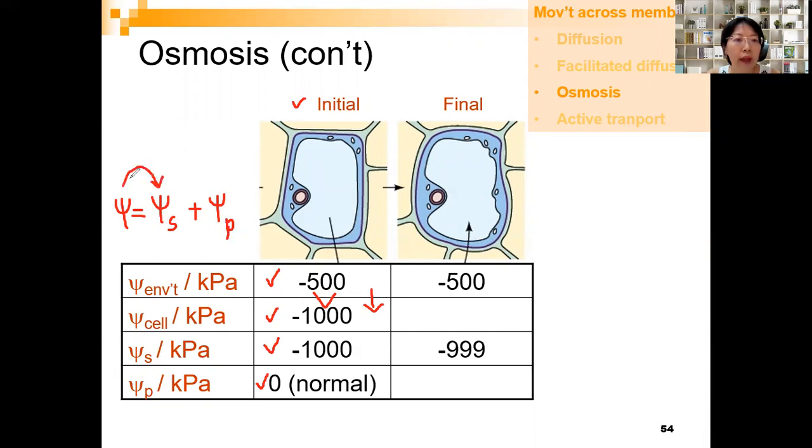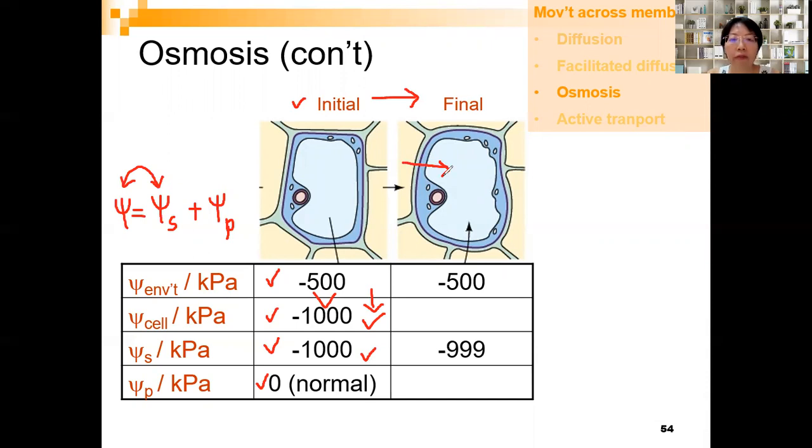So both these 2 values are the same. That's why psi s inside the cell is equal to psi of the cell. It's negative 1000 kilopascal. Then we allow the water to enter the cell for some time. Eventually the cell becomes turgid because there's net movement of water into the cell, all the way to the cytoplasm and then to the vacuole.